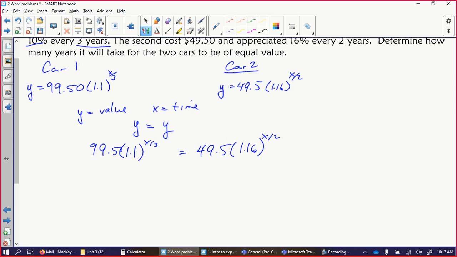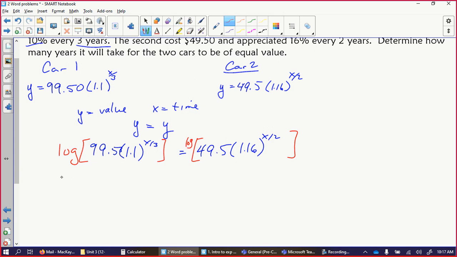So now we have two exponential equations. So the kind of easy way, log everything.